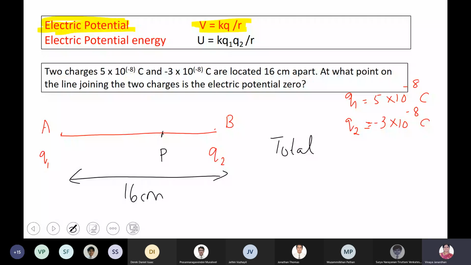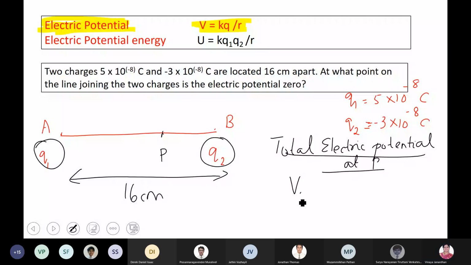It has potential due to charge Q1 and potential due to charge Q2. VA is the potential at point P due to the charge Q1, because both charges are producing an electric field. Similarly, the potential at point P due to the charge Q2 is VB.